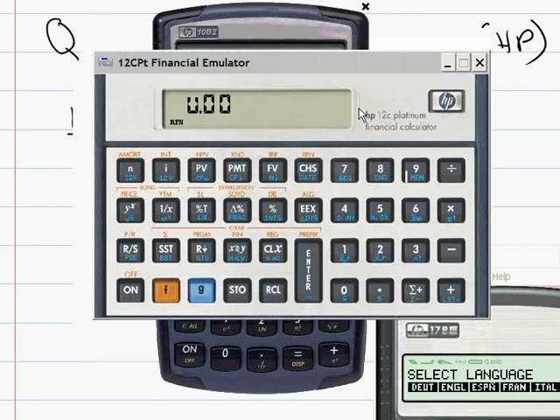However, I find that people that use RPN lose their algebra skills over time. And I think algebra is pretty important for some things, and we don't want to lose our algebra skills. So what I recommend, if you're going to get a 12C type of calculator, get the 12C Platinum.